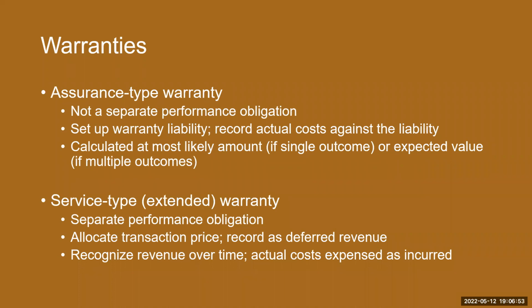So in the example of the TV, if you buy the TV today, it comes with a 2-year manufacturer's warranty. Well, that's an assurance type warranty. But if you were to buy an extended 5-year warranty from Best Buy, it would typically not be provided by the manufacturer. So say you bought an LG TV, LG will give you the 2-year warranty, right?